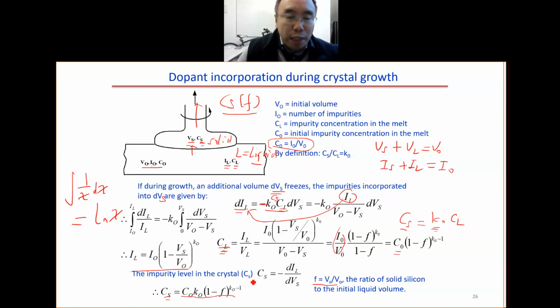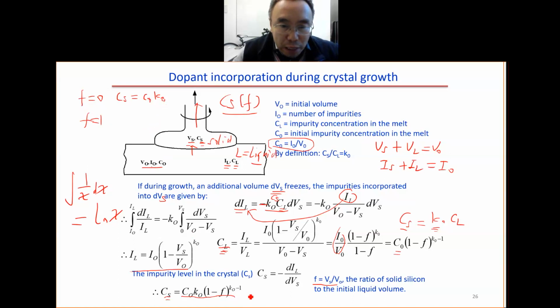Now we look at the numbers. For F equal to 0, CS equals how much? Equal to this one, right? So this makes sense. For F equal to 0 at the beginning, the concentration in the solid is given by C naught times K naught. How about F equal to 1?